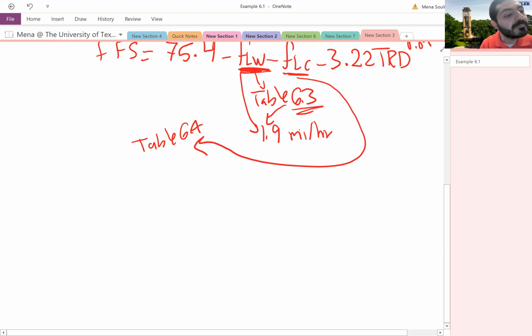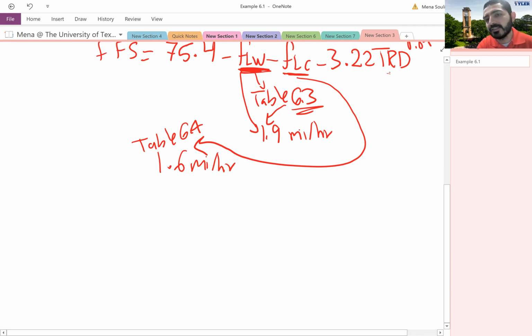And then we have 3 lanes per direction. So it's going to be 1.6. So the table for 6.4 depends on how many lanes per direction and what's the right shoulder width. So if you match these two, you're gonna get the reduction. It happened to be here 1.6 miles per hour.